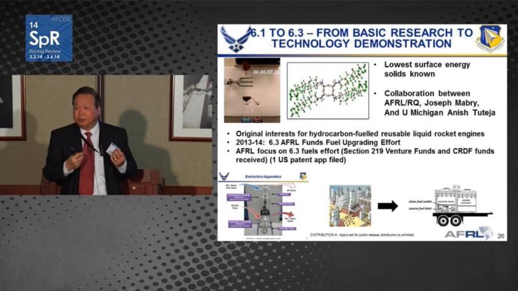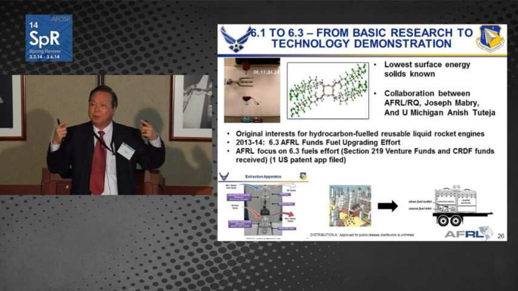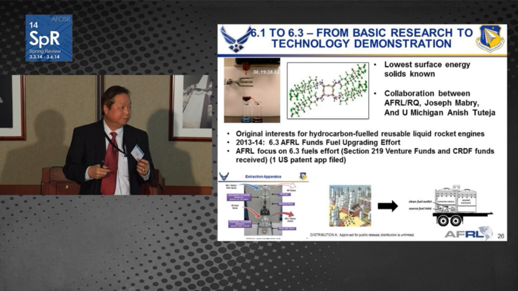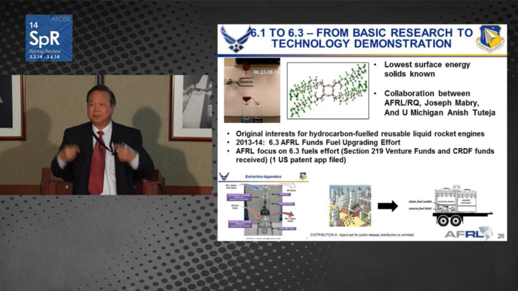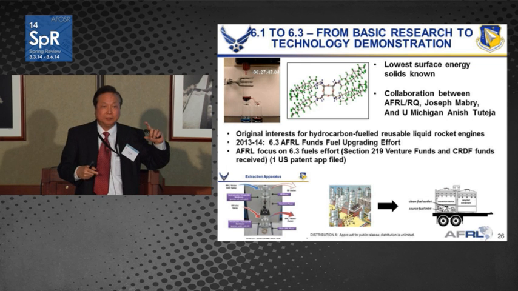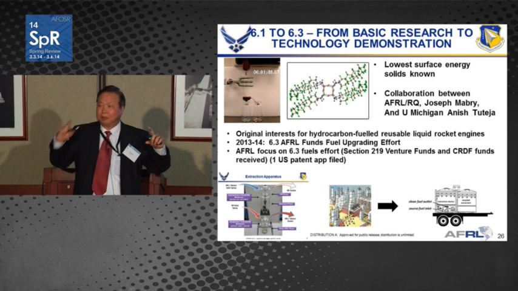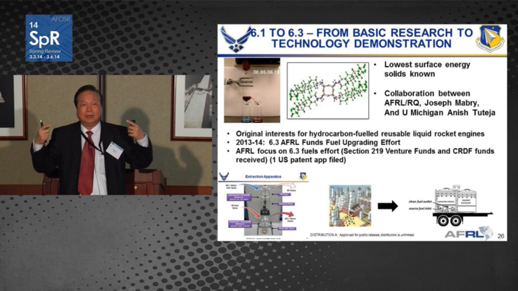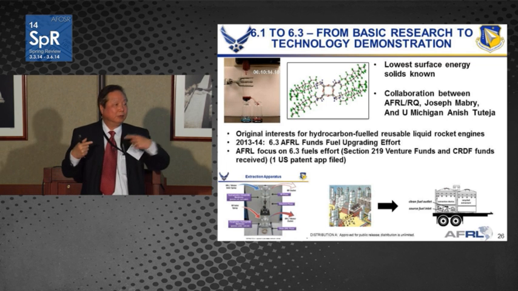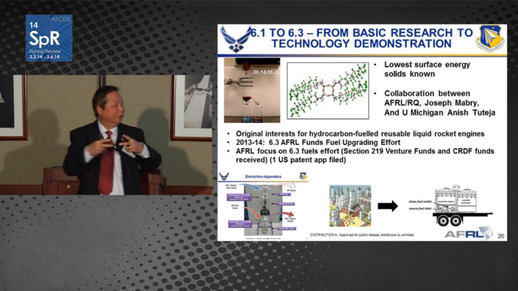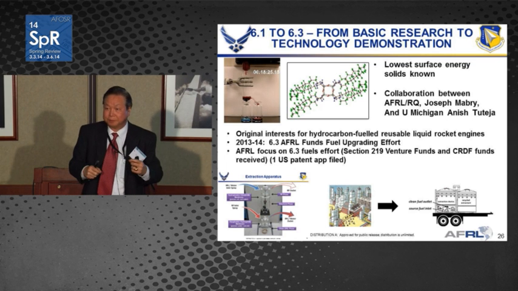The original intent is to, when they develop a reusable launch vehicle, there's a shaft that connects the hydrocarbon chamber to the liquid oxygen chamber. And they don't want the hydrocarbon to go through, so they want to find the proper surface treatment.